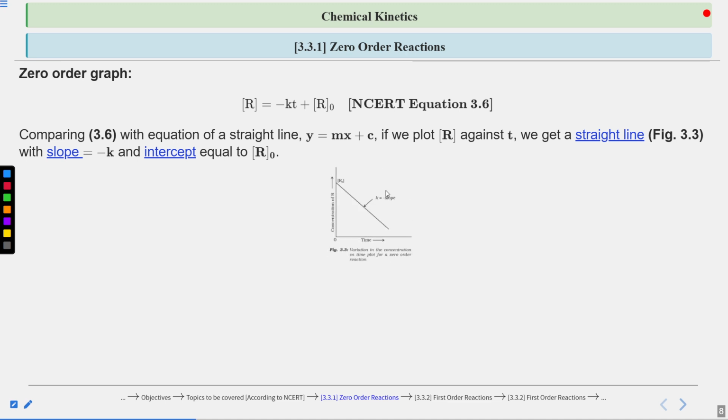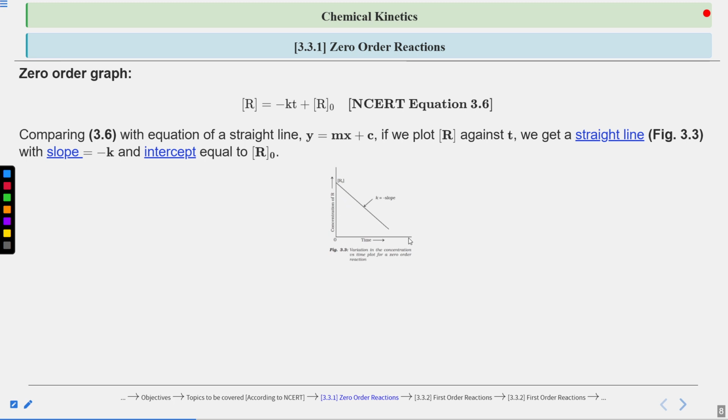So this is figure 3.3, where we are plotting the graph between the concentration of the reactant and the time. If you can see, we have the highest concentration of reactant at time equals 0, which is R naught. Here you can see we have marked the R naught value on the y-axis of the concentration of R, which is the highest one.